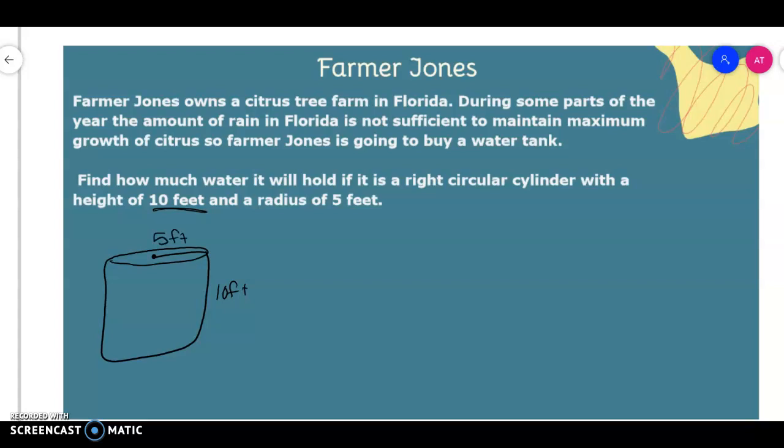So we need to figure out how much water he can hold. So V equals pi r squared times our height. And remember, our radius is going to be 5, and our height is 10.